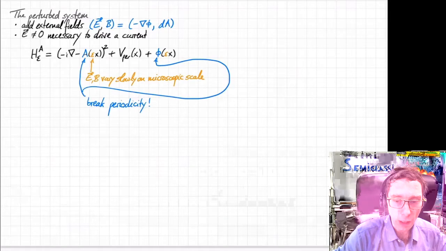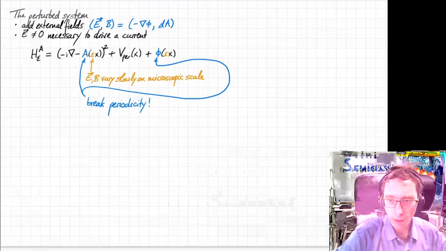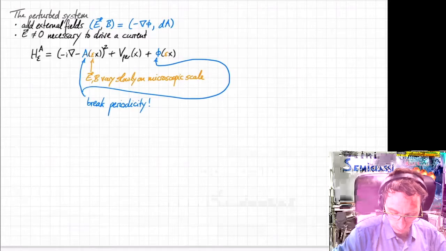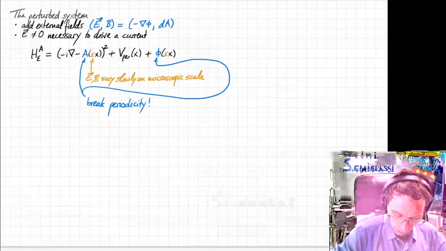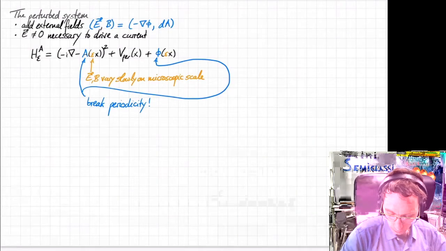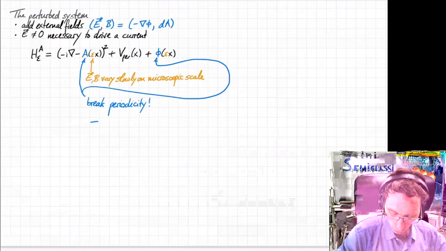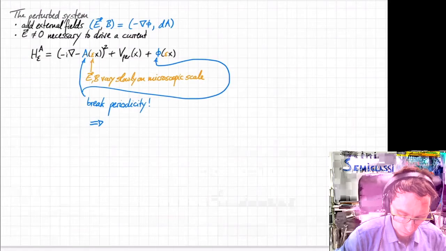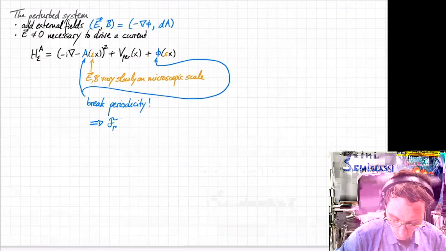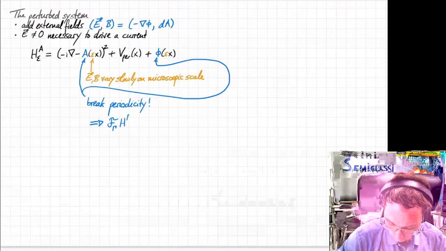That means now it's no longer true that this perturbed operator has a Bloch-Floquet decomposition. So it no longer has a direct integral decomposition.